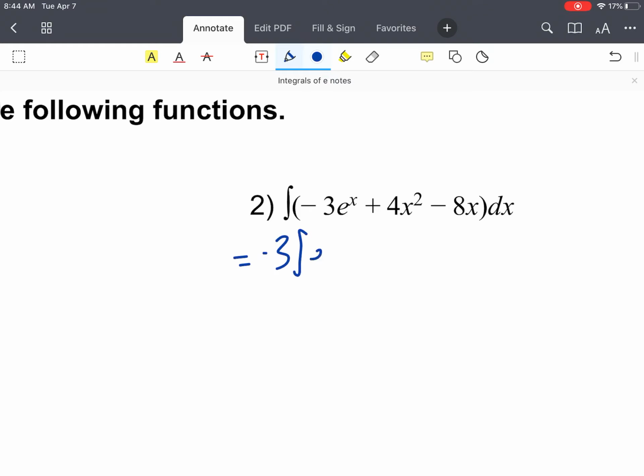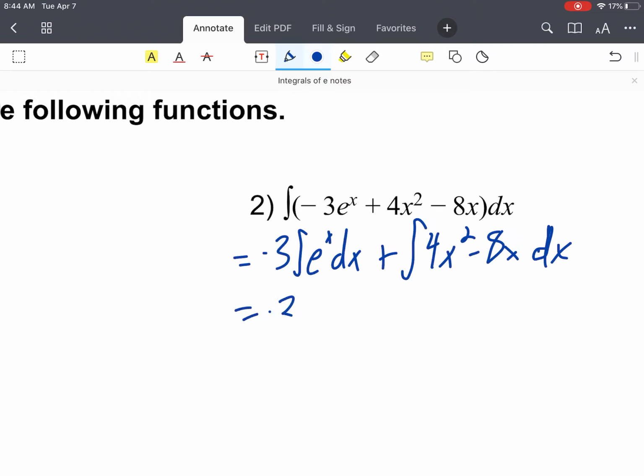All right, so again, if I take out the negative 3 on the integral of e to the x, plus the integral of 4x squared minus 8x dx. The integral of e to the x is just e to the x.